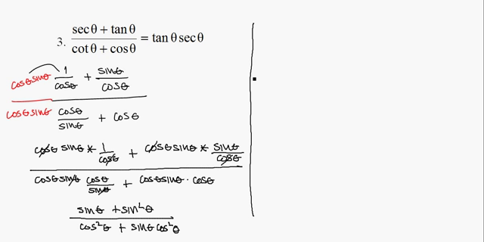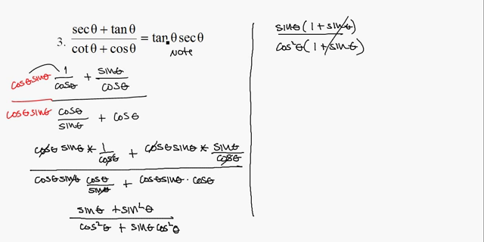So in the numerator, I'm going to take out a common factor. Notice that this is being multiplied, so therefore I want to introduce a multiplication here. By doing that, I can factor out a sine in the numerator and a cosine squared in the denominator. So sine theta times 1 plus sine theta, and take out a cosine squared theta, I get 1 plus sine theta. So those two cancel.